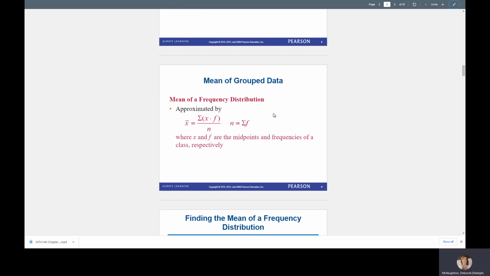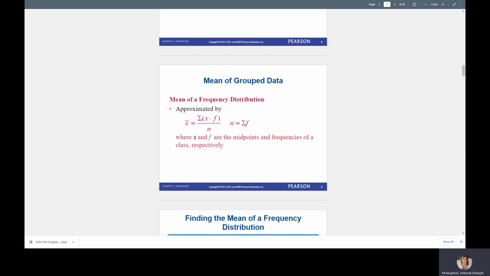To calculate the mean of a frequency distribution, we're going to take the sum. First, we multiply each X times its frequency. X is the midpoint. This is why I was saying if we don't have the data values, we basically assume that every value in a class is the midpoint.